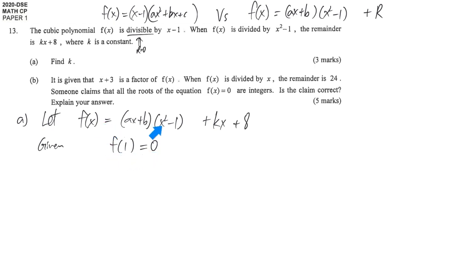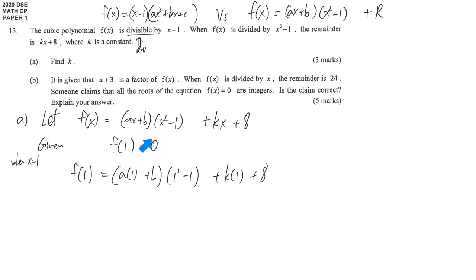Now we try to combine these two pieces of information together. f(1), that means we consider x equal to 1. When x equal to 1, we have (a times 1 plus b) times (1 squared minus 1) plus k times 1 plus 8.